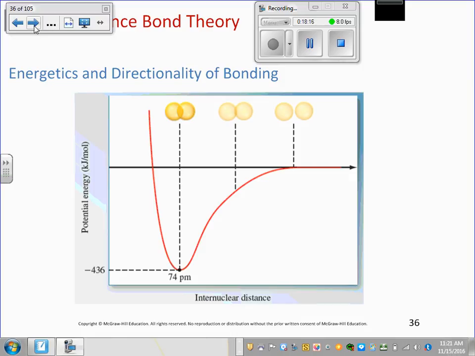Nuclei are what charge? Positive, so two positives are coming together and want to repel. So there's this happy medium at 74 picometers. After that, if you get closer together, you get repulsion by the nuclei, so the potential energy goes back up. That's the sweet spot, 74 picometers, where you maximize the attractive forces and minimize the repulsion forces.